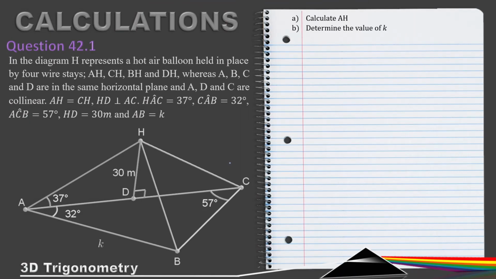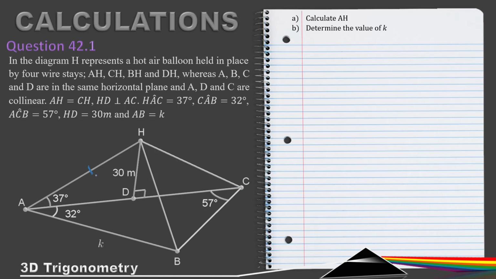Right, now for question 42.1. In the diagram, H represents a hot air balloon held in place by 4 wire stays AH, CH, BH, and DH. Whereas A, B, C and D are in the same horizontal plane, A, D, C are collinear, and then AH is equal to CH.